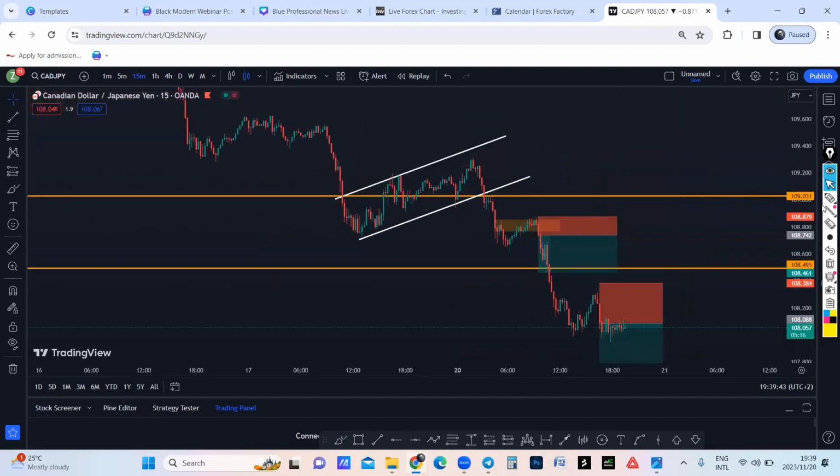Now let's go to the 15-minute time frame. On Friday it broke down, came to retest, and then today broke down, came to retest, and that's when I took a sell. So my sells were taken after this.